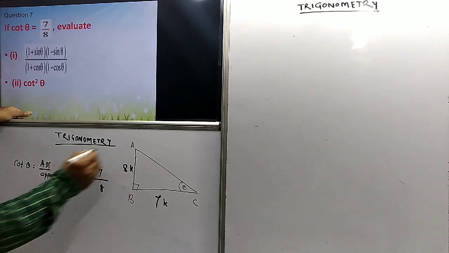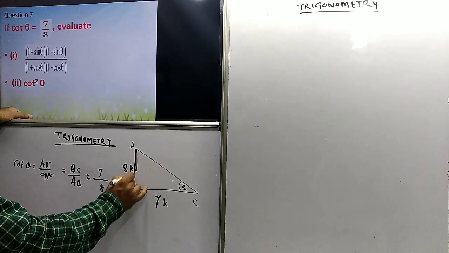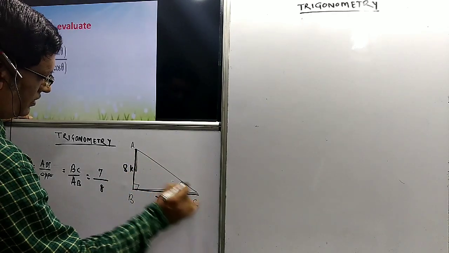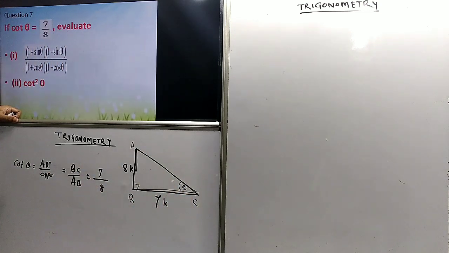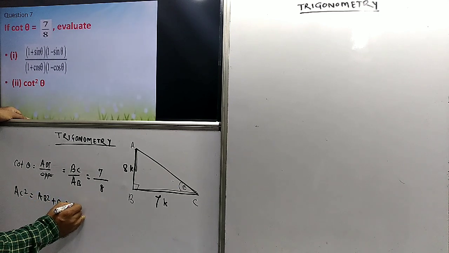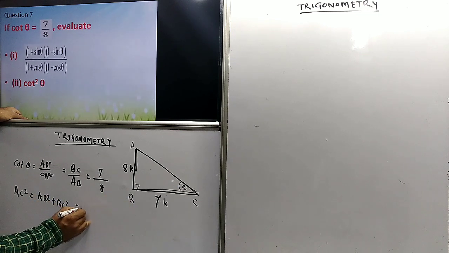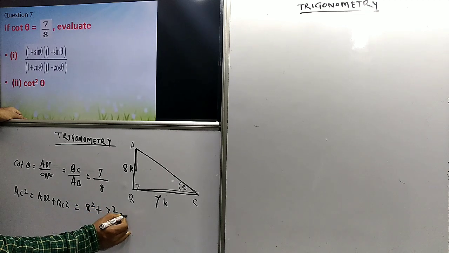Now first of all, using Pythagoras theorem, because this is a right angle triangle, let us find the hypotenuse. You know that AC square is equal to AB square plus BC square, because here angle B is 90 degrees. So AC square is equal to AB square, that is 8 square, plus BC square, that is 7 square.